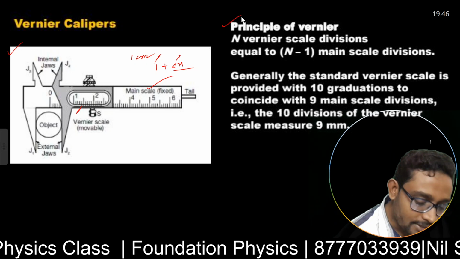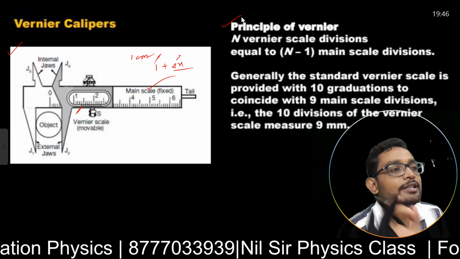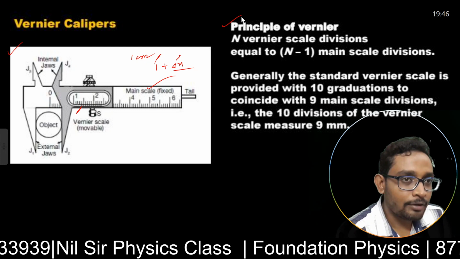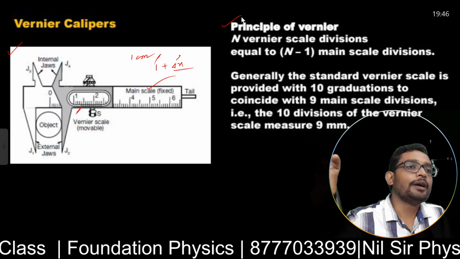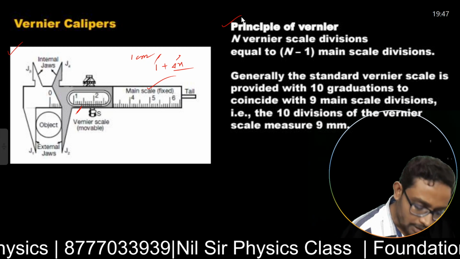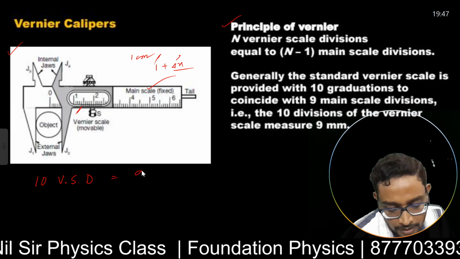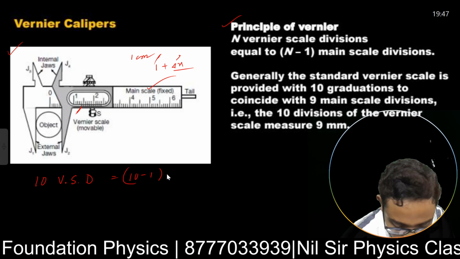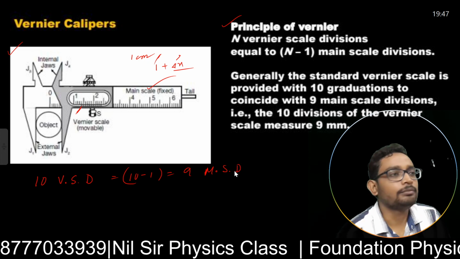Now, the principle is that for vernier calipers, n vernier scale division is equal to n minus 1 main scale division. That means 10 vernier scale division is equal to 10 minus 1, which is 9 main scale division.